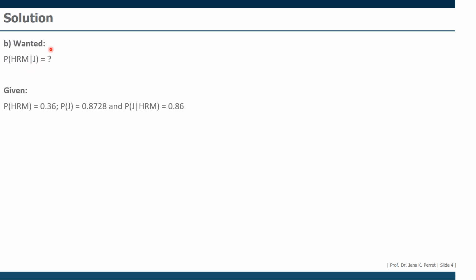We know the probability of studying HRM and the probability of finding a job, which we know from part A, and we also know from the exercise text the probability of finding a job under the condition of studying HRM. So what we want to do is switch the condition and the probability we're looking for.